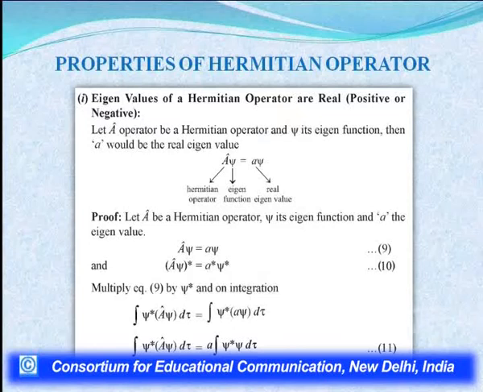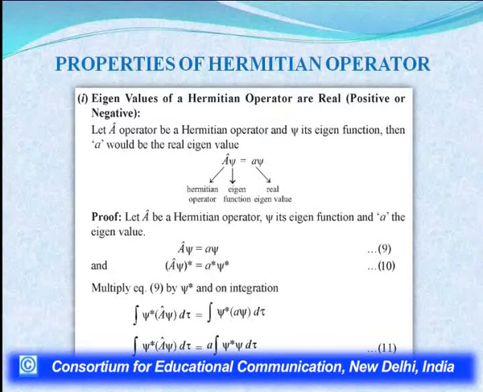The first theorem is that the eigenvalues of Hermitian operators are always real. It means that whenever we have a Hermitian operator and we apply it onto some function, this function will remain as such with a constant multiplier.